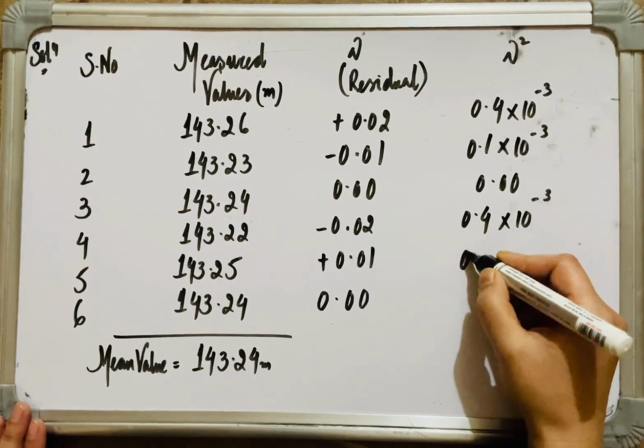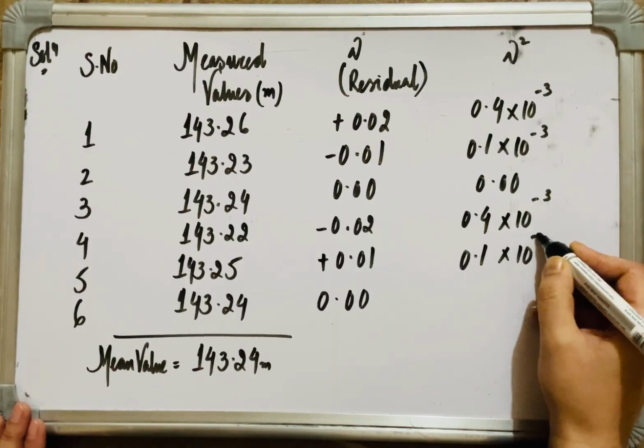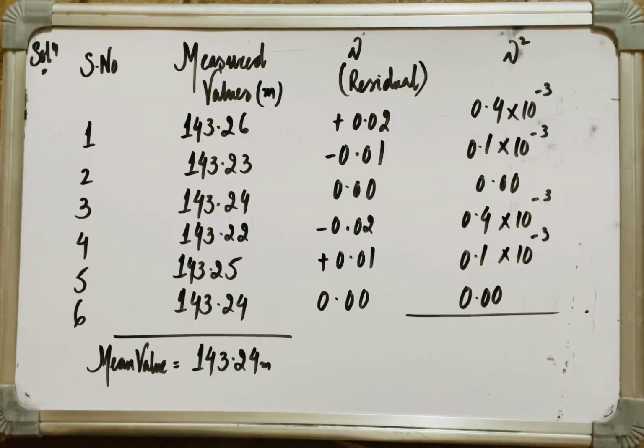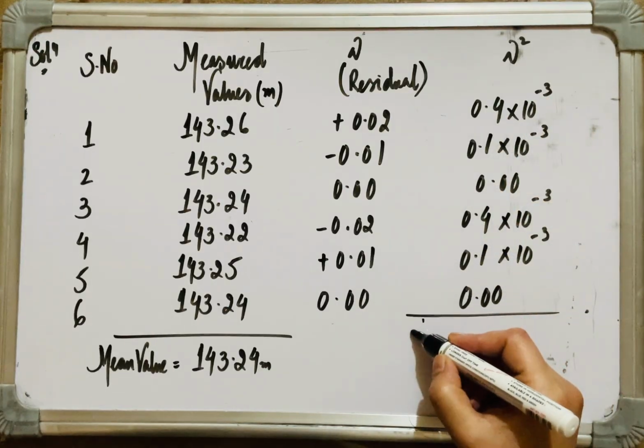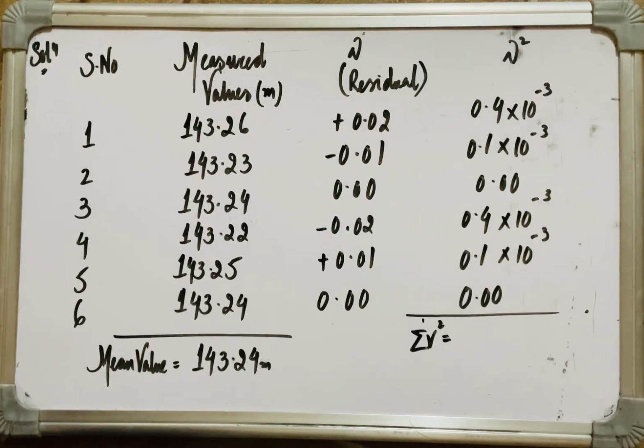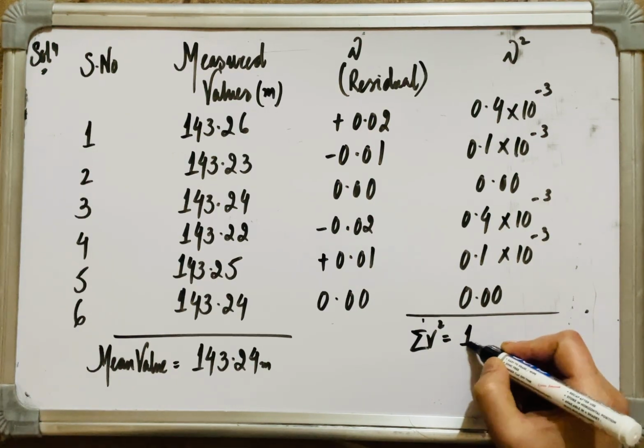Then we have 0.1 into 10 raised to the power minus 3. And then obviously 0. After that, our task is to calculate the summation of v squared. That means we have to calculate the sum of all of these values, which by calculations is equal to 1 into 10 raised to the power minus 3.